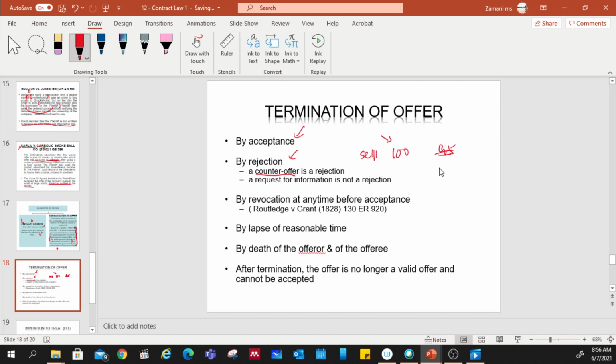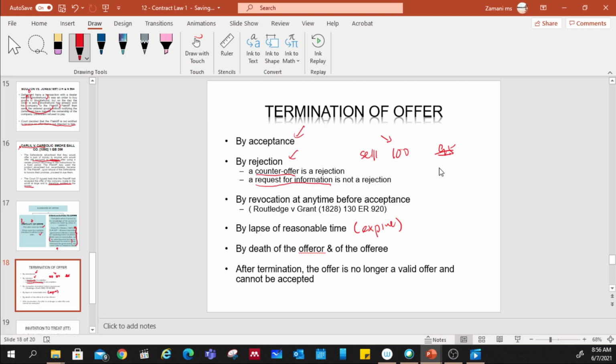A request for information is not a rejection. It is just a request for information, not a counter offer. If you just want to know something, that is not a rejection. The third one is by revocation. You can revoke your offer at any time before acceptance. The next one is by lapse, which is just like expiry.